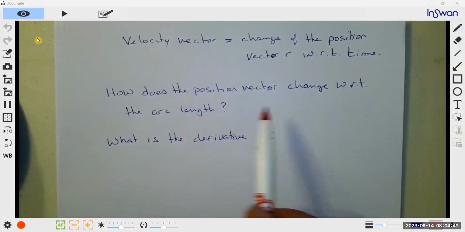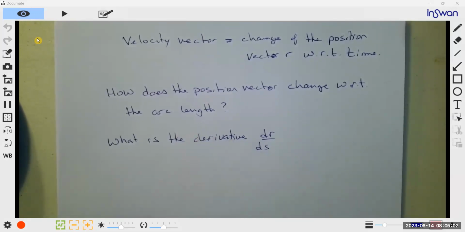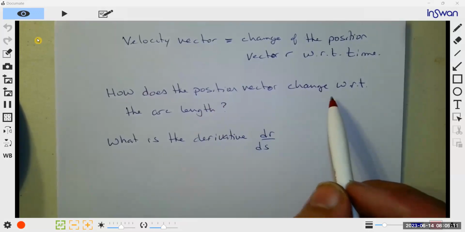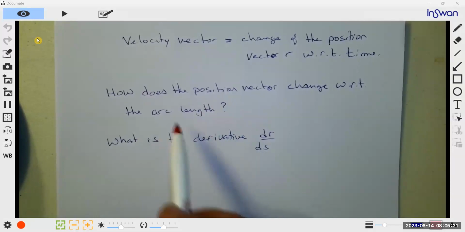So how does the position vector change with respect to the arc length? What we see here is the arc length is, in essence, a position vector in itself. So as the position vector changes, the arc length changes. So as time changes the values of each point along the path, it changes its position with respect to the arc length.